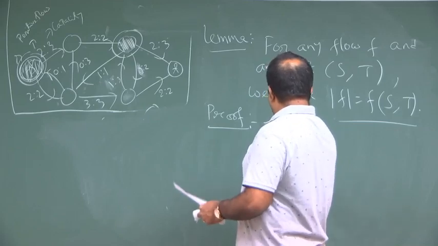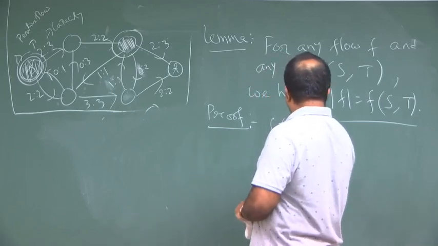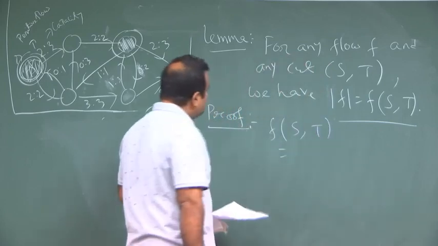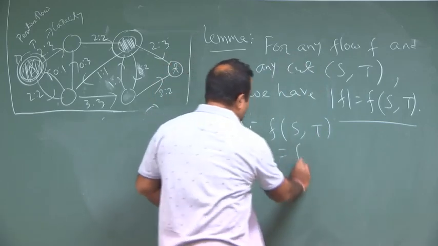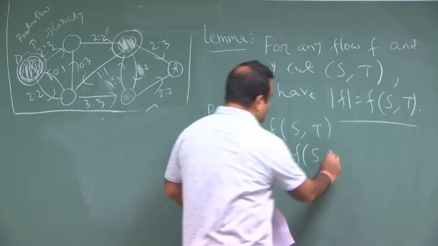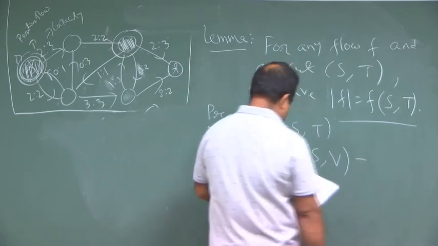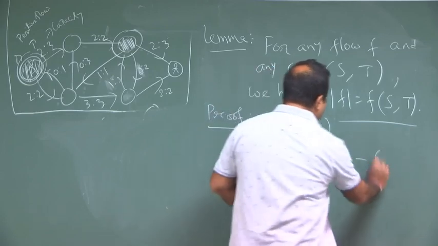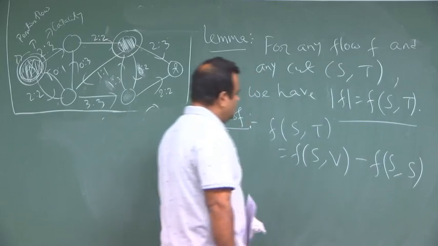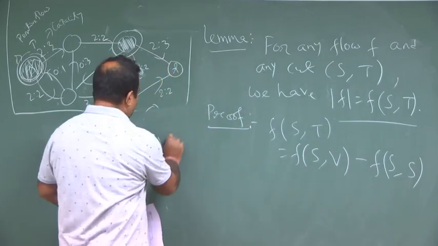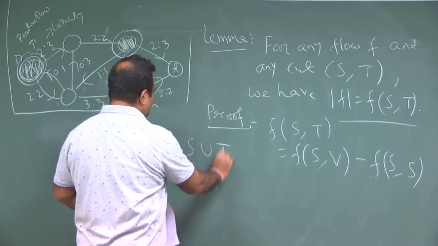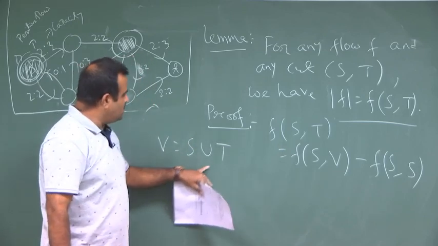So, f of S comma T is nothing but f of S comma V minus f of S comma S, because V consists of S union T, and S and T are disjoint.